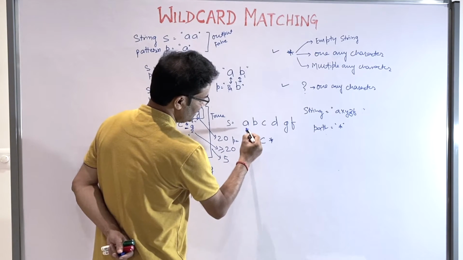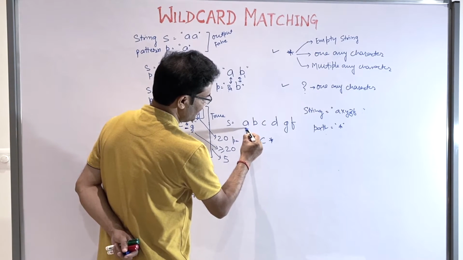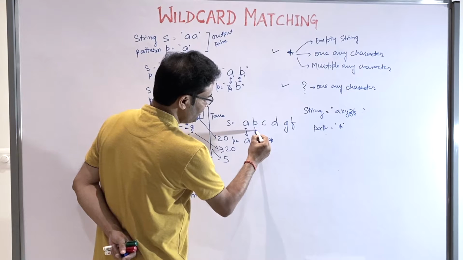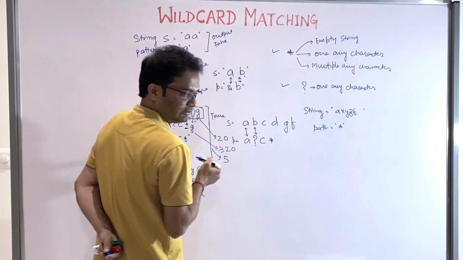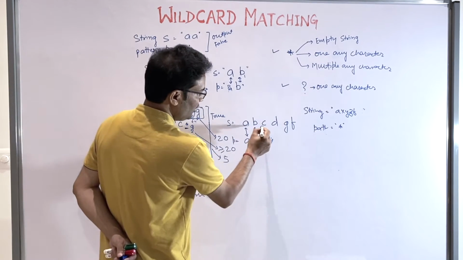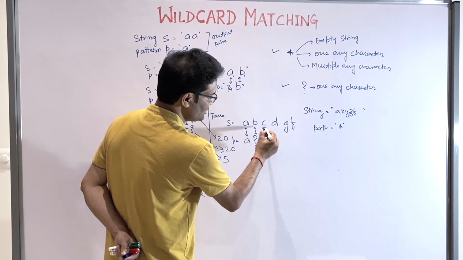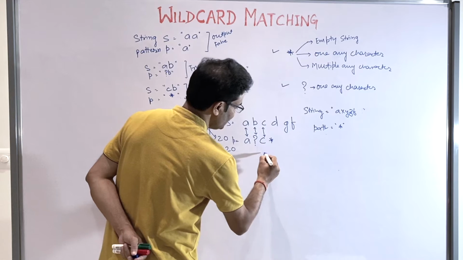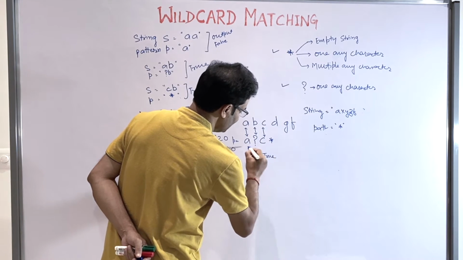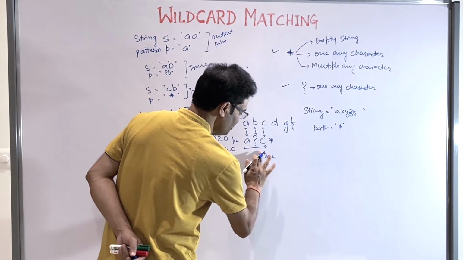So now you see, if A is matching with A and B is represented with the question mark, and now here C. When you compare C to C, we cannot say true till here. Let me repeat my sentence again.